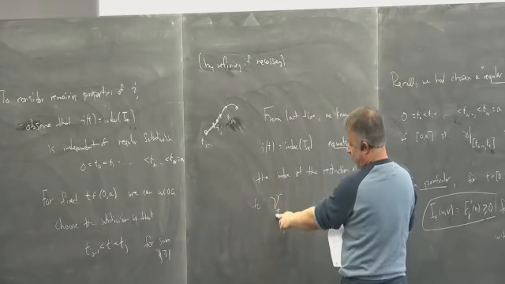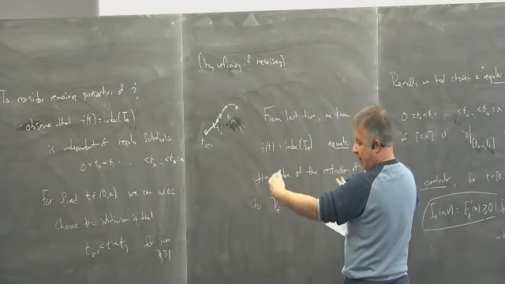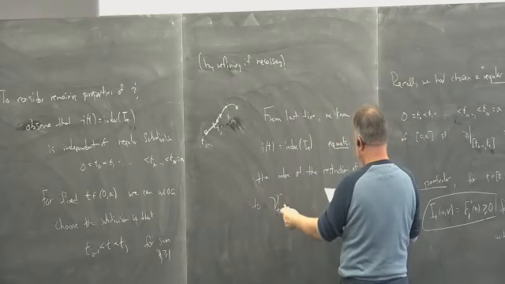So I was doing that last class for the whole interval from 0 to a. Now I'm doing it for 0 to t. It's the same thing.